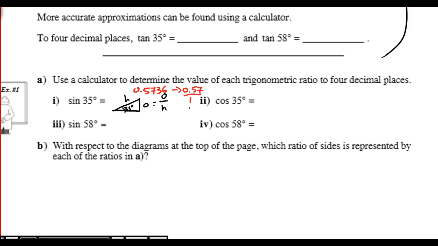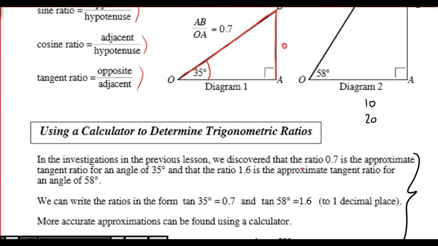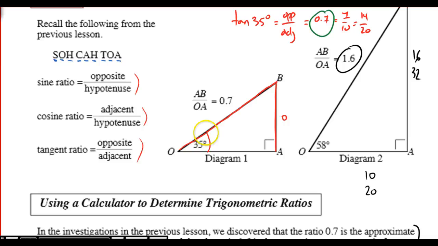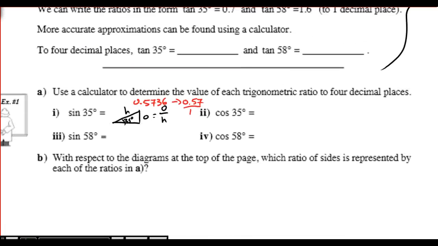So if I were to go back to the previous diagram, because that's the same angle here, they're saying that if the length of AB was 57, then this would be 100. That would be that ratio right there.